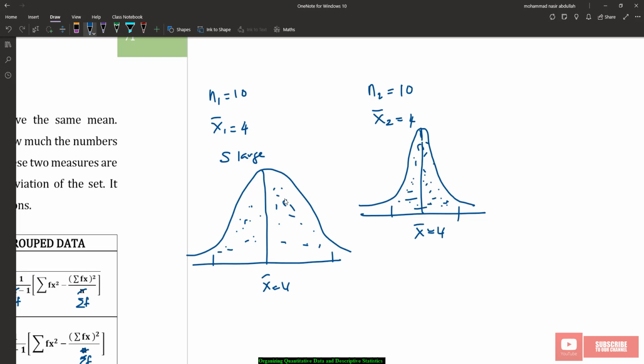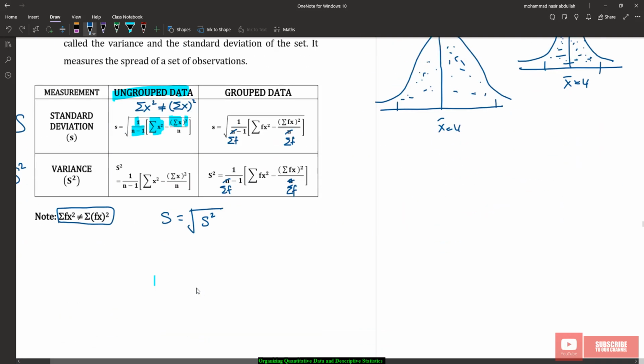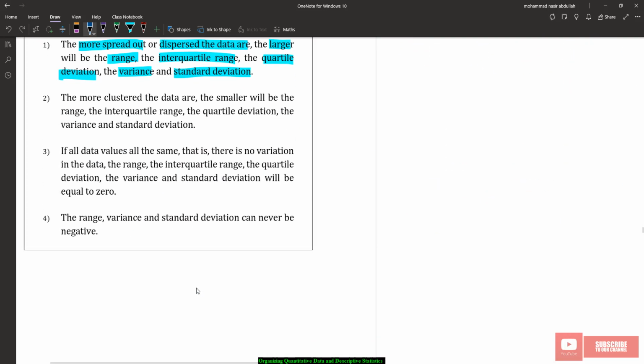This distribution has a consistent or less spread around the mean. So here we're going to expect S to be small compared to distribution number 1, right? So that is the importance of standard deviation and variance, right?